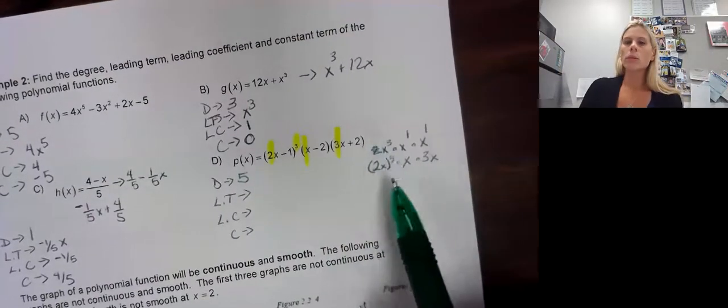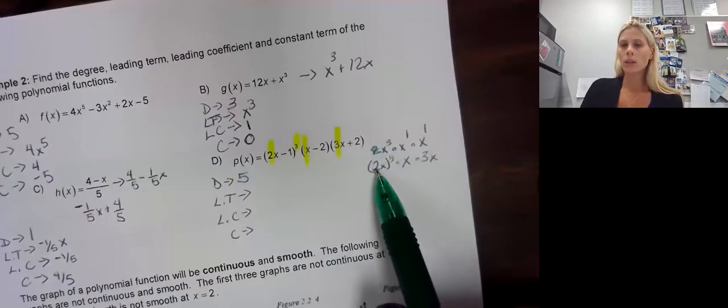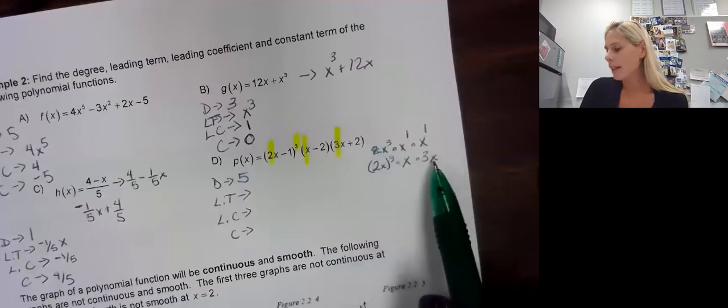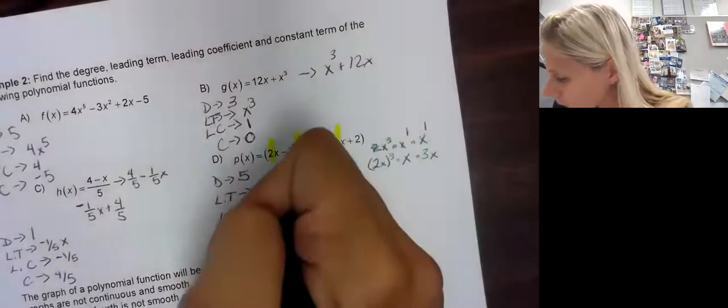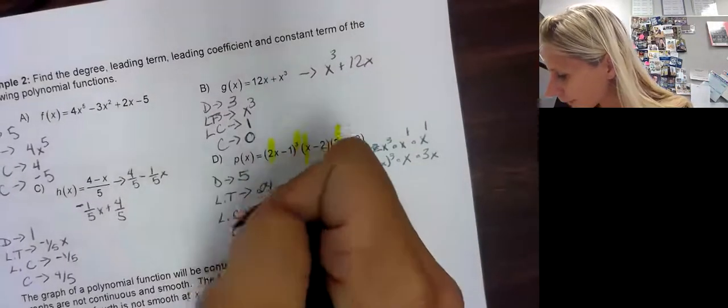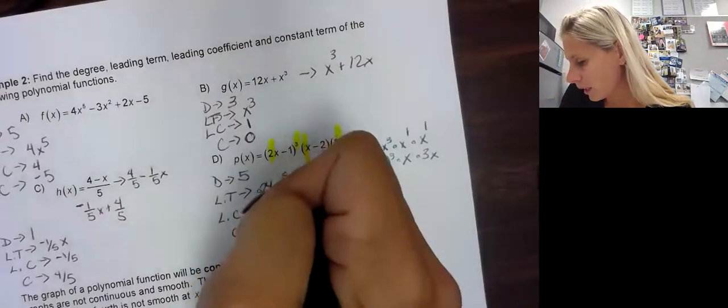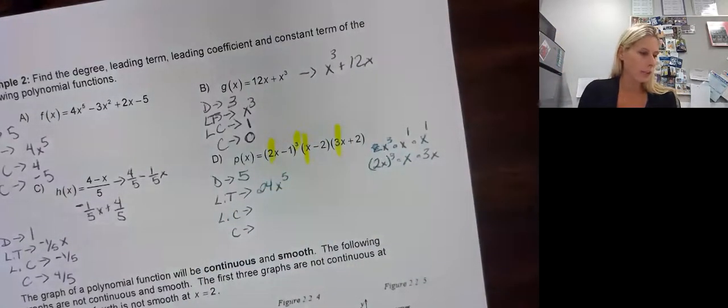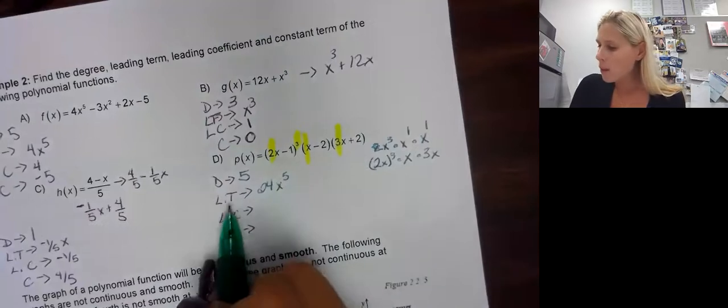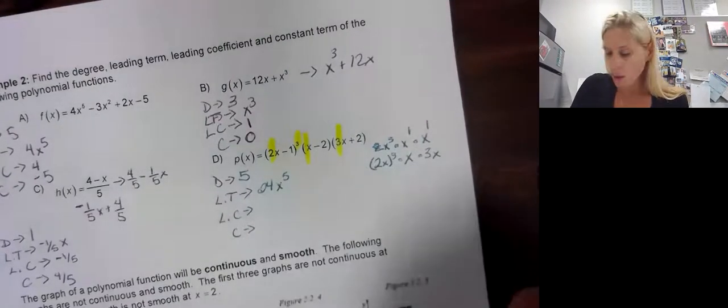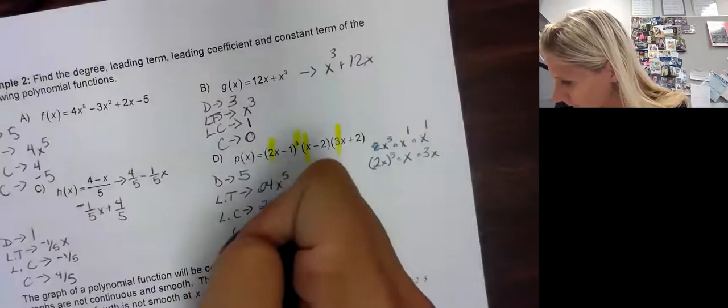Don't forget to cube the 2 here. So 2 times 2 times 2 is 8. 8 times 3 is 24. And we know that it's going to be x to the 5th, because we add all those exponents. Knowing the leading term, we know our leading coefficient is 24.